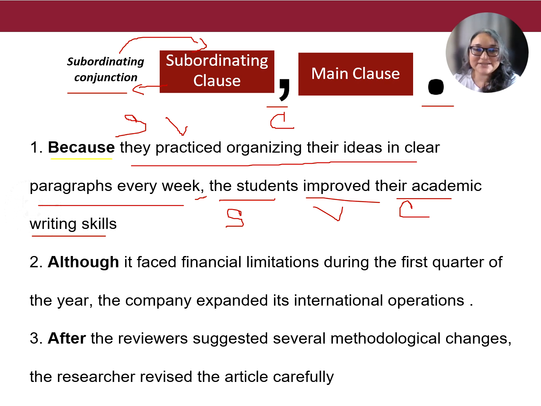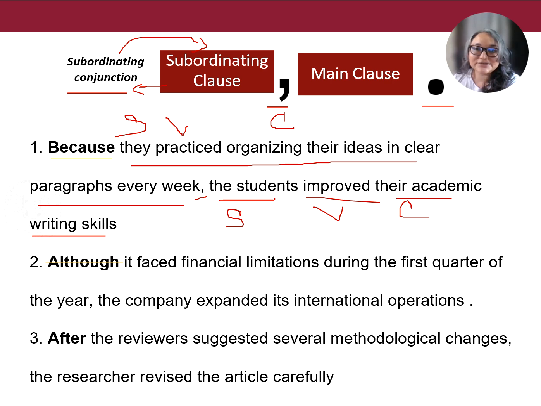The second sentence. Although it faced financial limitations during the first quarter of the year, the company expanded its international operations. What is the subordinating conjunction in that sentence? The subordinating conjunction is although. Then I need to identify the clause, the subordinating clause.